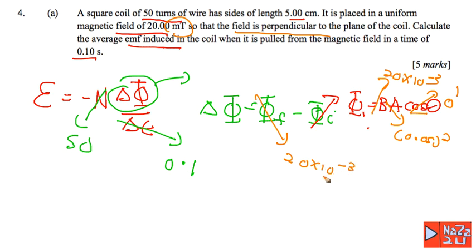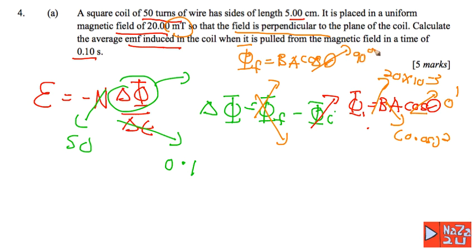Because the final flux is BA cos theta. At the final, when the coil is pulled from the magnetic field in the time 0.1 second, theta here is 90, so cos theta is equal to 0.